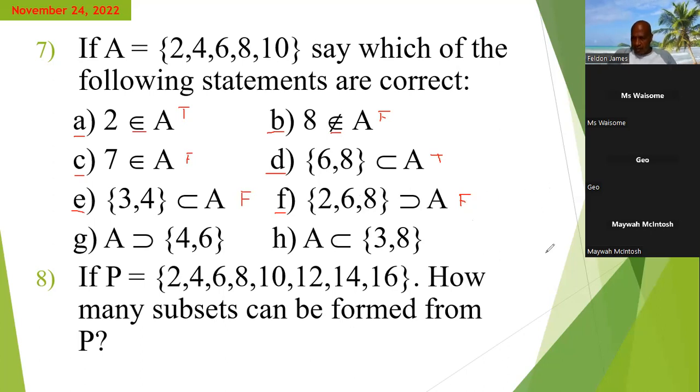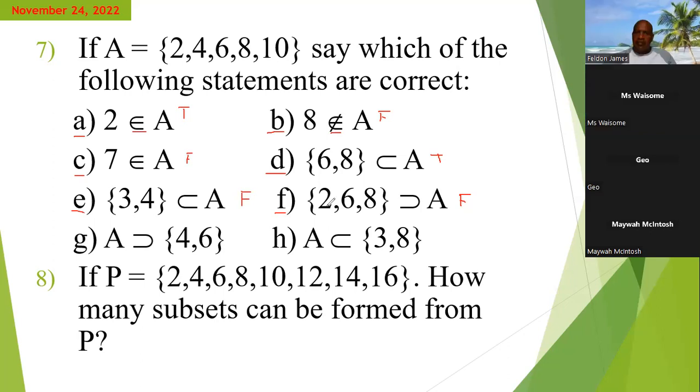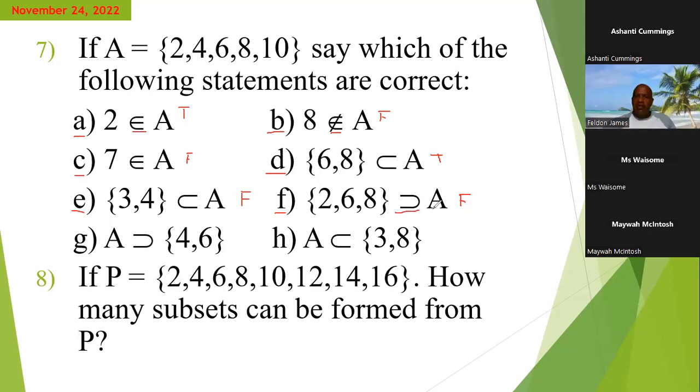I think because, for example, D: 6 and 8 are elements of A. And F: A is not an element of {2, 6, 8}. All right. You're saying that based on how the sign turns, because remember, we are comparing it to the greater than or less than sign.